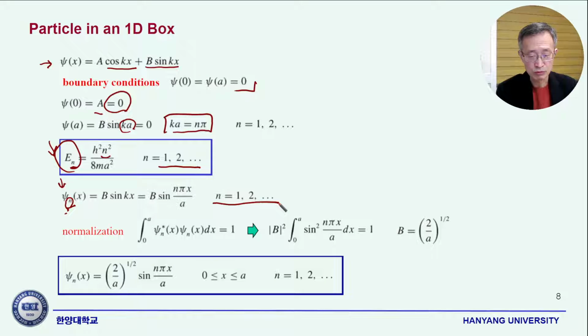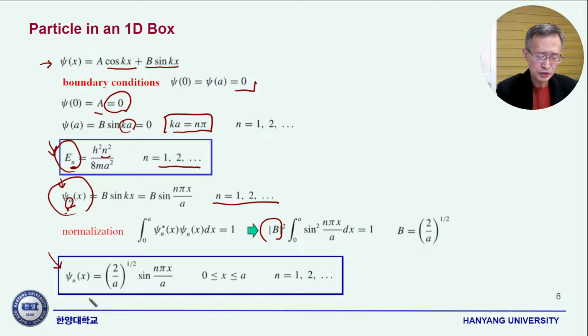The absolute value squared integrated must equal one, meaning it is normalized. The normalization condition gives the value of B, which is the square root of 2 over a.